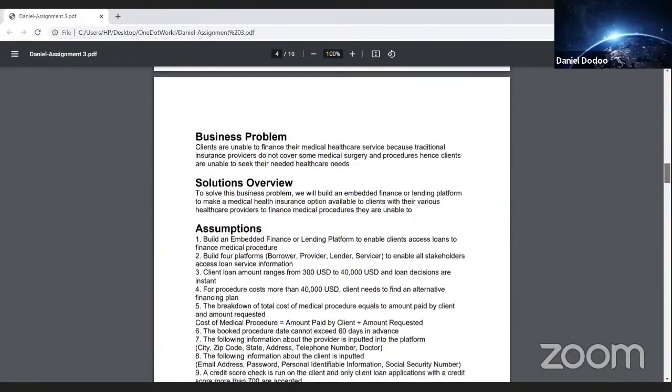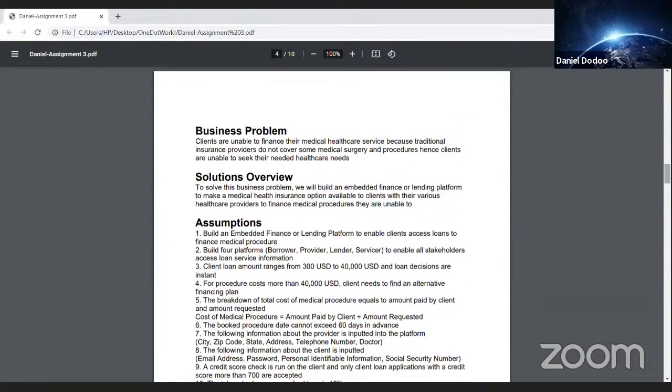So I'd like to go through our business problem, and we go into the in-depth content of my business requirement document. With our business problem, clients are unable to finance their medical healthcare service because traditional insurance providers do not cover some medical surgeries and procedures.